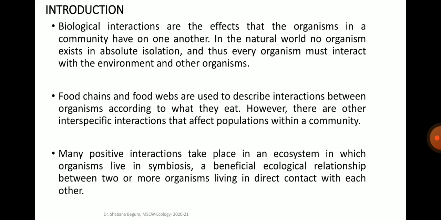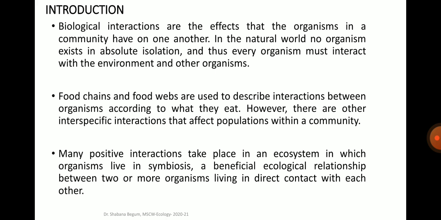So, the populations help one another, and either one or both the species are benefited in case of positive interactions. This benefit may be in respect of food, shelter, substratum, or transport, and the association may be continuous or transitory, obligate or facultative, and the two partners may be in close contact, or one of them may live within a specific area of the other or attached to its surface.